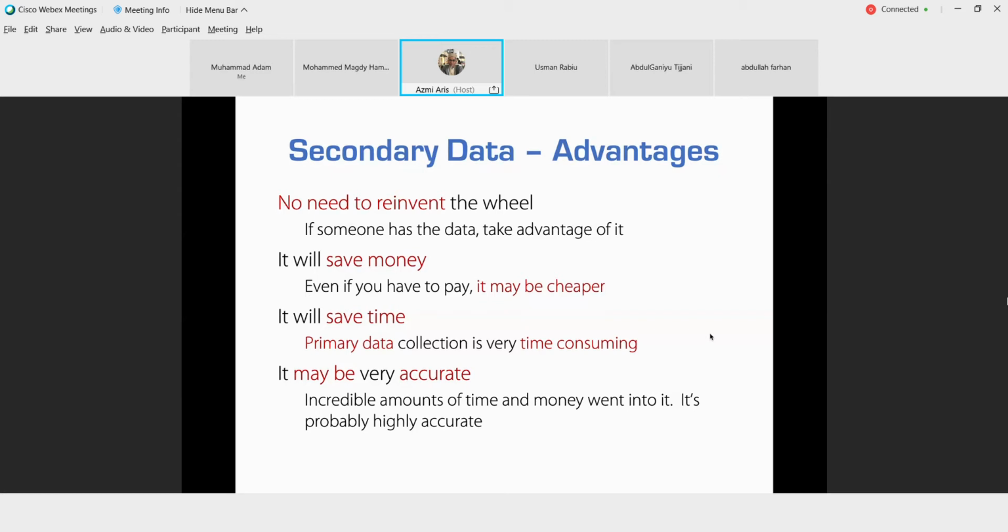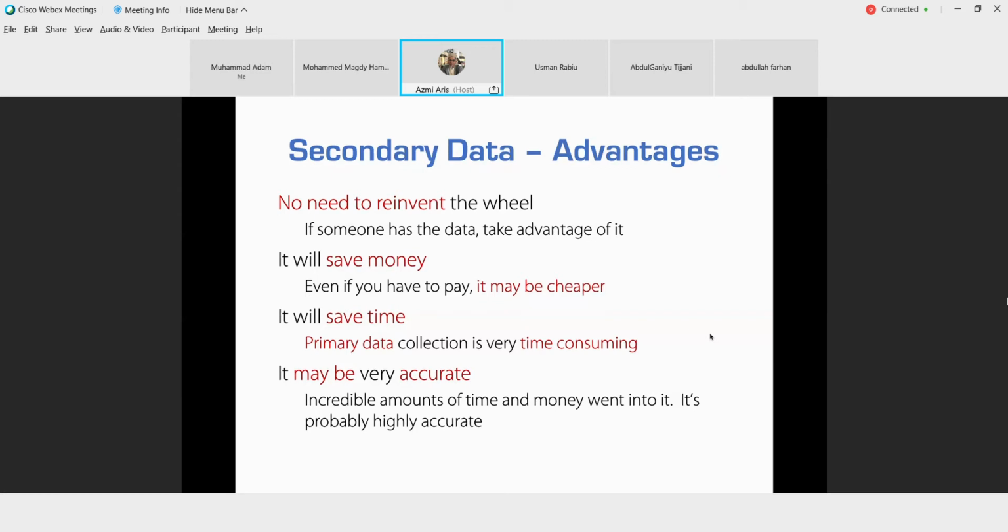That normally cannot be done by yourself. So you ask from the appropriate department, and normally they record the data accurately. They put a lot of effort on that. That is why some of them has to be paid. So you can rely on that data.